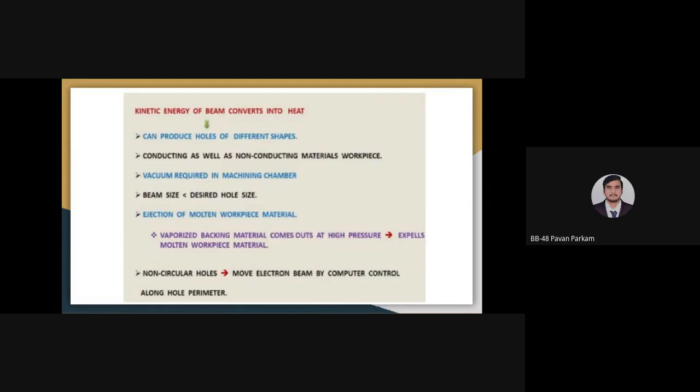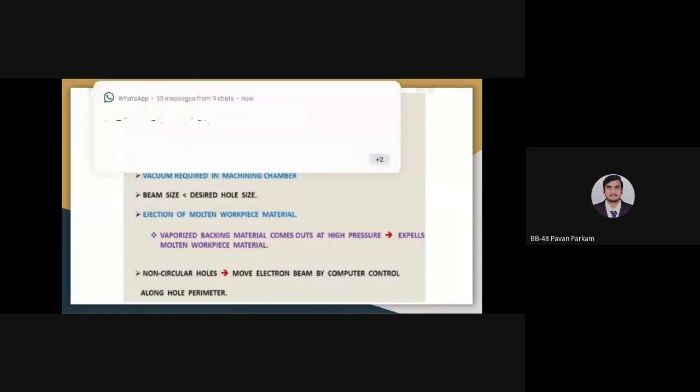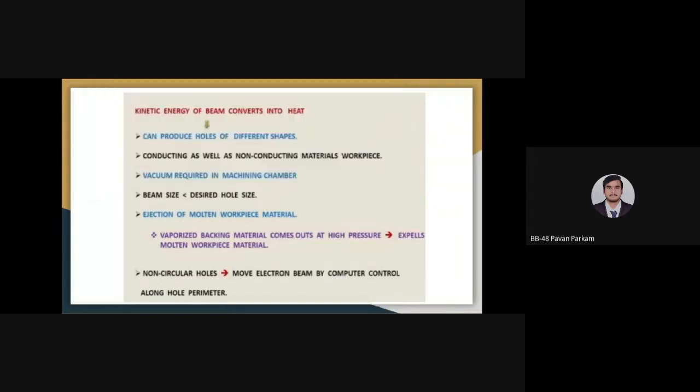You can keep your beam fixed and move your workpiece on a computer numerical control (CNC) table, or you can move your beam over the workpiece surface. In both ways, you can generate any kind of complex shape.